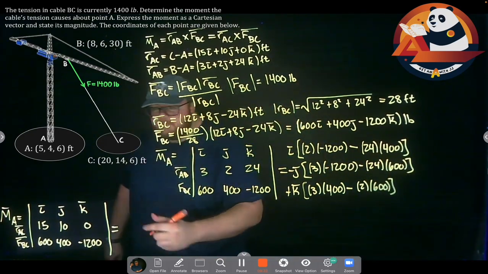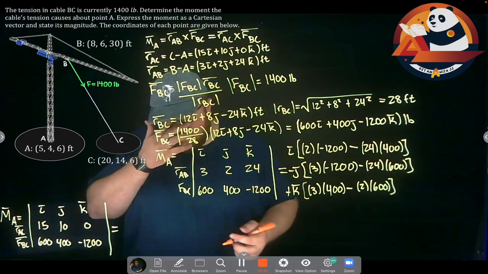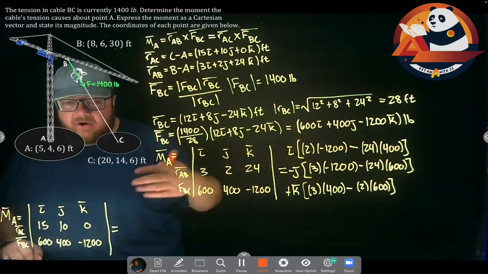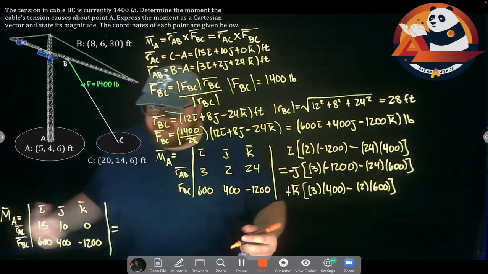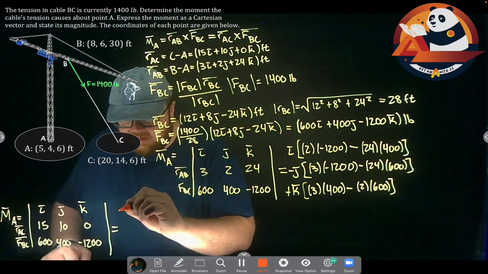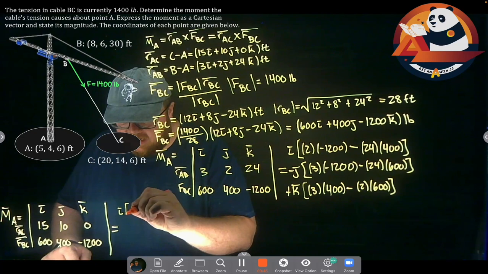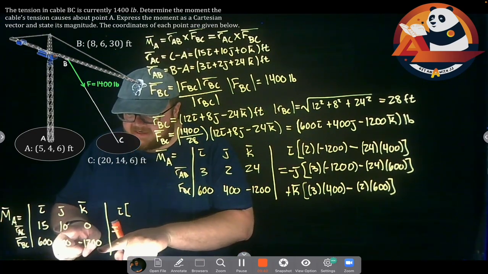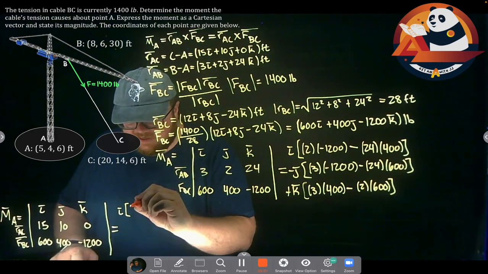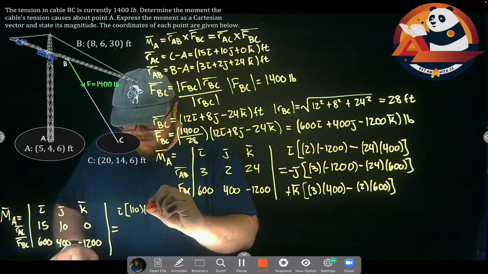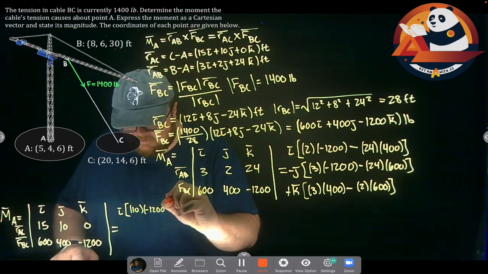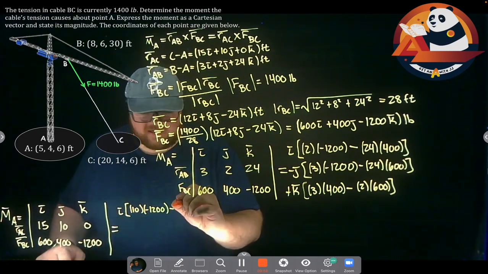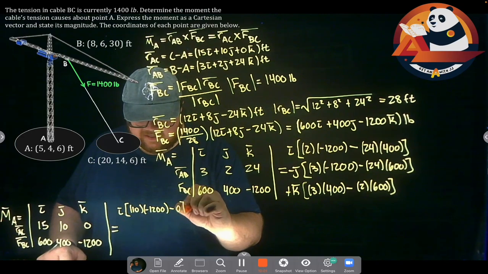If I look at the bottom matrix in here, that same process holds true. My position vector is different, but my actual answers when I work those out are going to come out to be the exact same thing. So if we go with our I component, again, I times, not an I equals. But I now have, looking at the J and K, 10 times negative 1,200, top left times our bottom right, minus top right times bottom left, which would be 0 times 400, just 0.